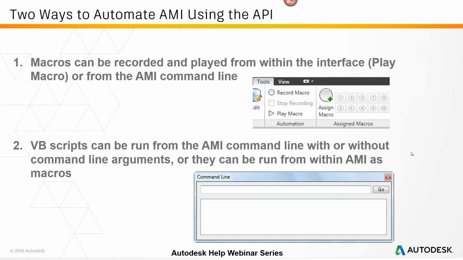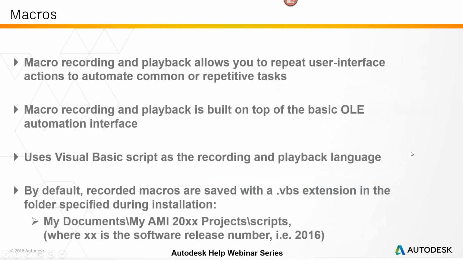So if we look at macros, they use Visual Basic Script when they record, and when you are done recording, the macros are typically saved with a VBS extension in your default installation directory of where your projects are. If you didn't change it, that would be under your My Documents, My AMI 2016 or 15 or whatever version of Insight you're in.